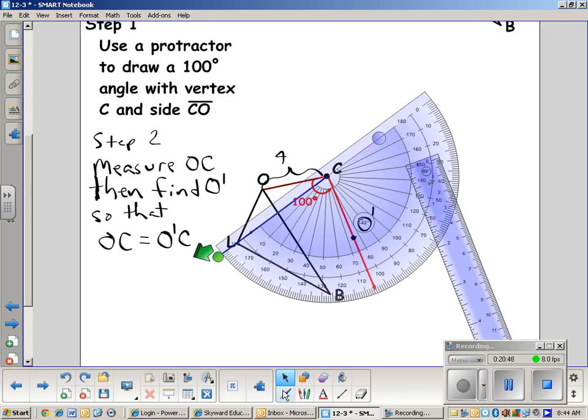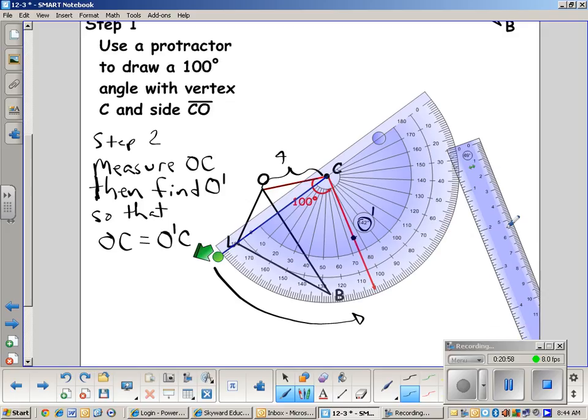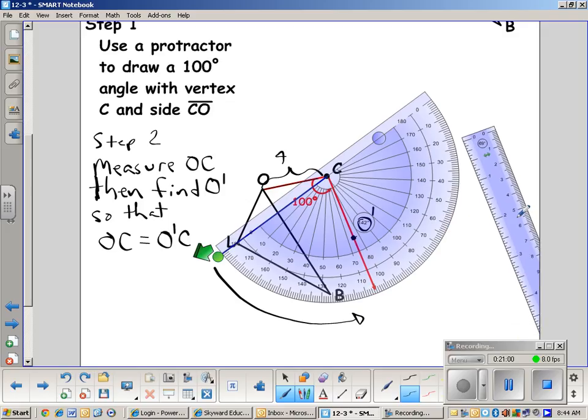I'm connecting the point C to L with the protractor. And we'll measure now 100 degrees. Okay? Counterclockwise. And so 100 degrees would go all the way to right there. Do you agree with that?